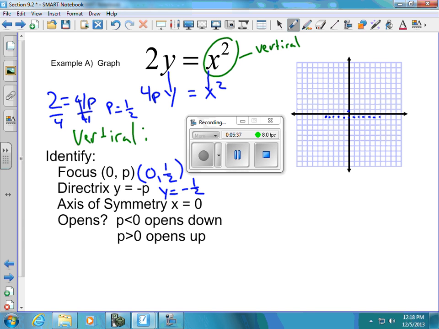And then we just have to graph the equation. If we were going to graph it, I would probably use my graphing calculator, and then you'd have to solve it for y. No matter what equation you're graphing, vertical or horizontal, or when we get to other types of conics later, you have to solve for y. So y equals x squared over 2.